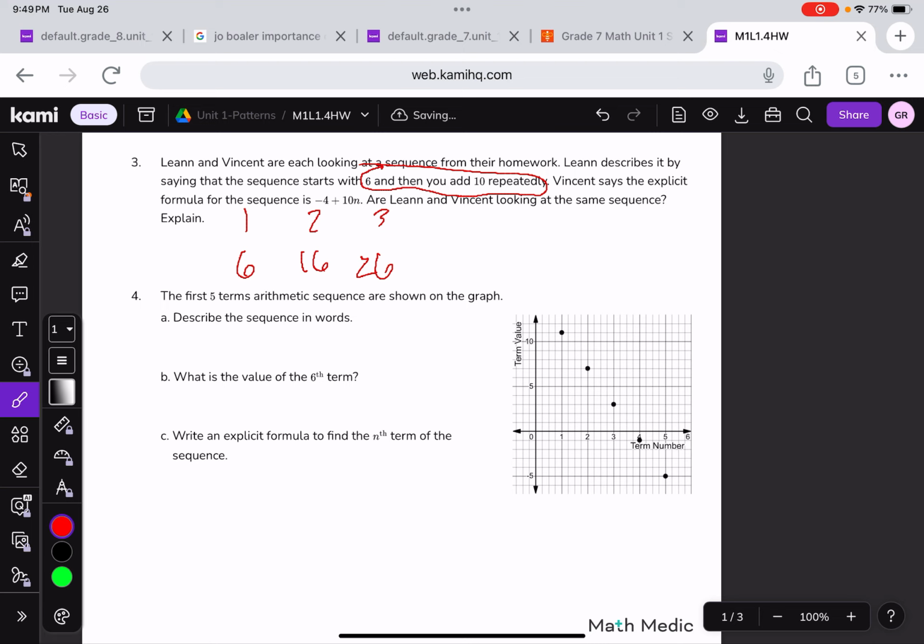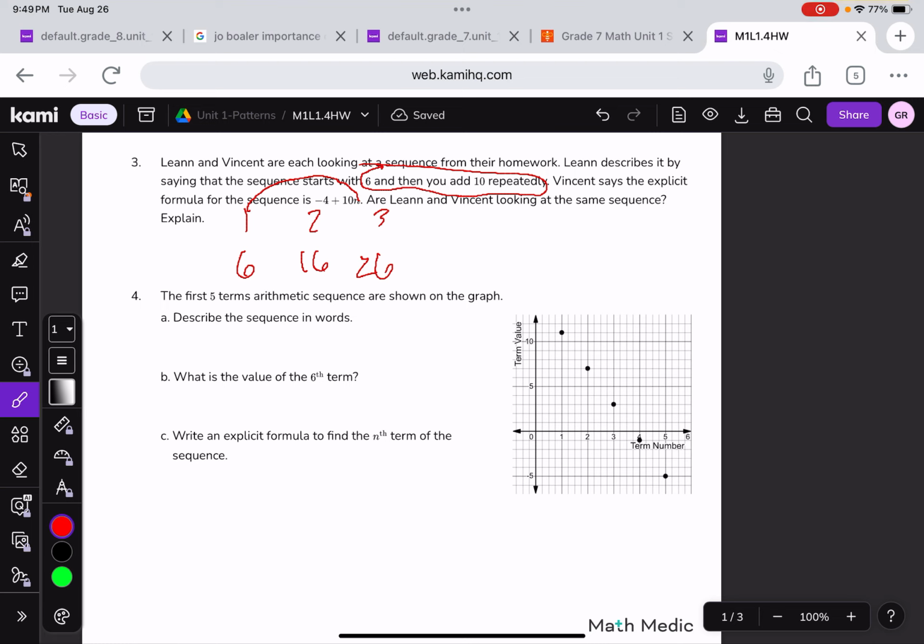So there are the first 3 terms, right? Now Vincent says the formula is -4 plus 10n. So we could, just like number 1, take this 1 and plug it in for that n. In other words, 10 times 1 is 10, plus a -4, which is 10 minus 4, which is 6. So far, that is the same sequence that Leanne just described.